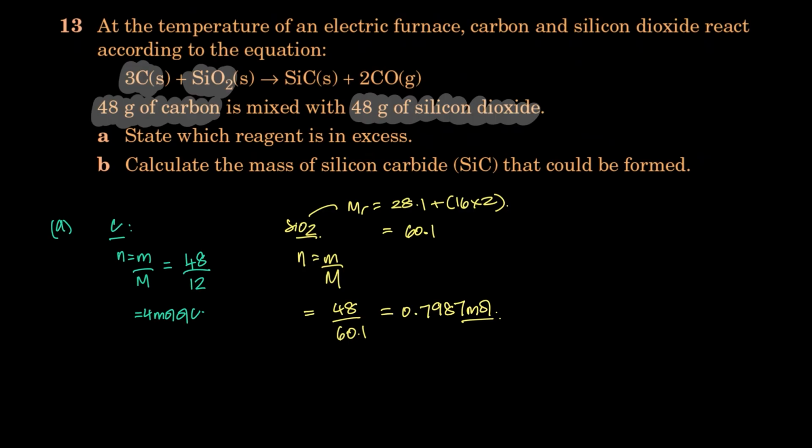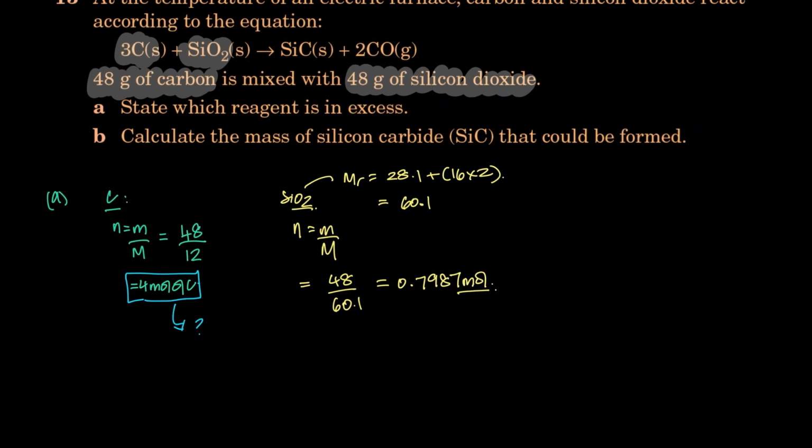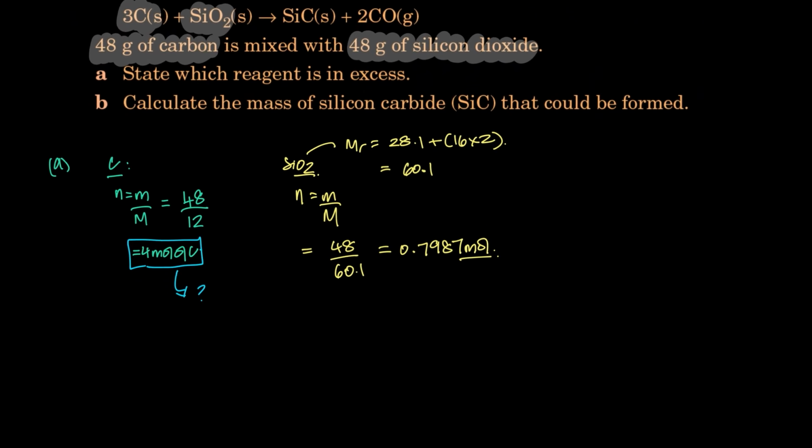So let's assume that this is the amount I want to start off with. When I look at the ratio between my two knowns, SiO2 to carbon, their coefficients are 1:3. So 4 moles of carbon will need how many moles of SiO2? Basically 4 divided by 3, that's 1.33 moles of SiO2 I need.